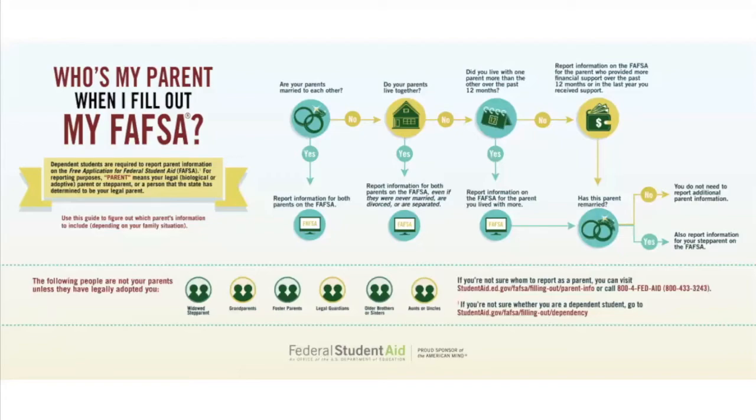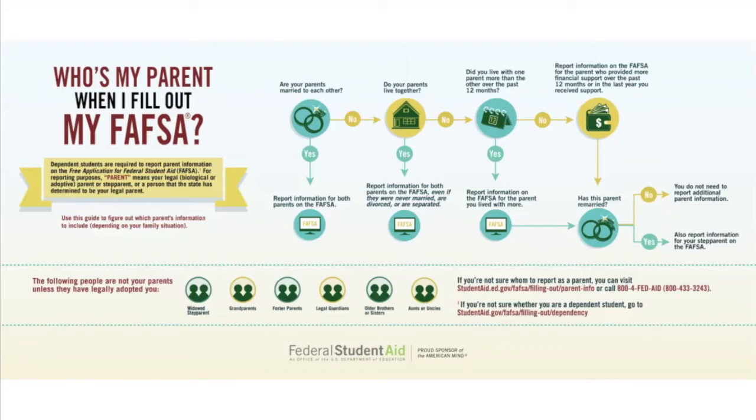Who is my parent when I fill out the FAFSA? The parent or parents that you've lived with the longest in the past 12 months should be listed on your FAFSA. So if you live with both of your biological parents, you'll want to list them. If the parent you live with the longest in the past 12 months is separated, divorced, or was never married, you should list that parent on your FAFSA.